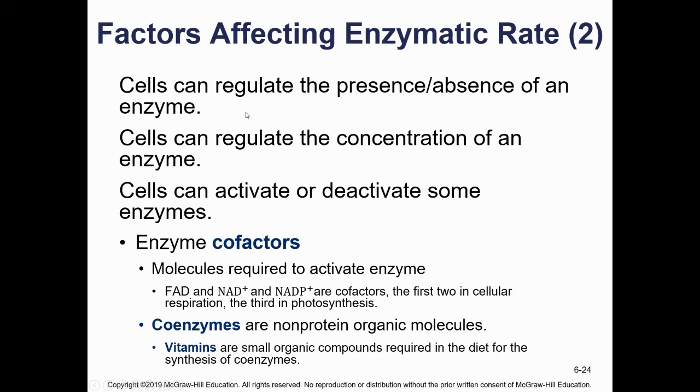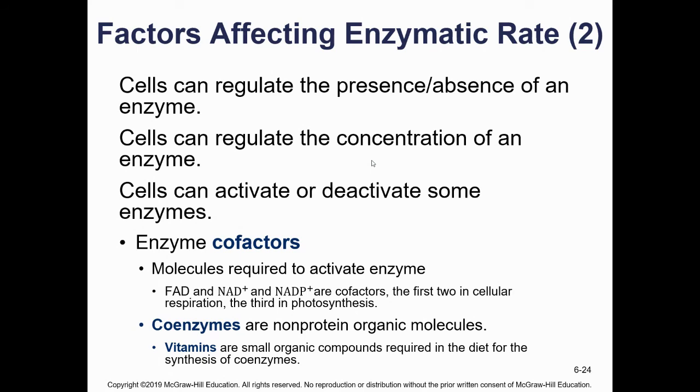So we have regulatory mechanisms. Cells can regulate the concentration of the enzyme. If there is more of a substance that the enzyme acts on, the cell will make more of that enzyme so that it can work faster. Or, hey, there's not too much of this. An example from microbiology is E. coli.